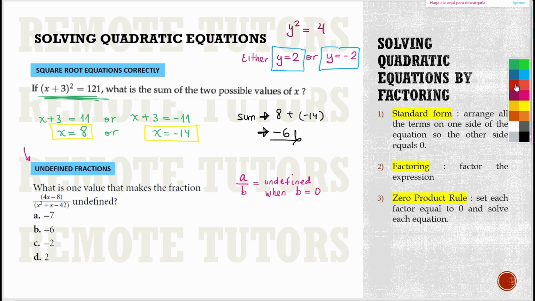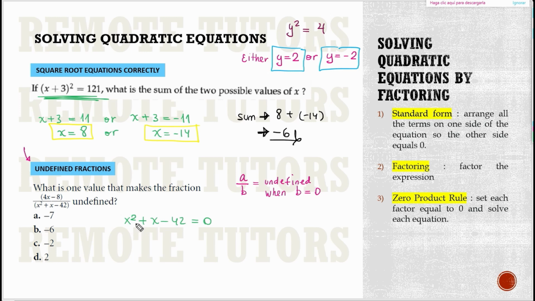Okay? So here's one. What is one value that makes the fraction undefined? The value that makes the fraction undefined is the one that makes the denominator equal to 0.